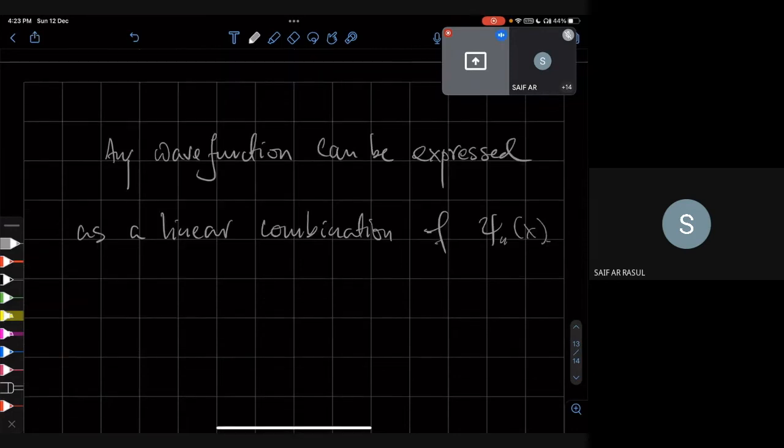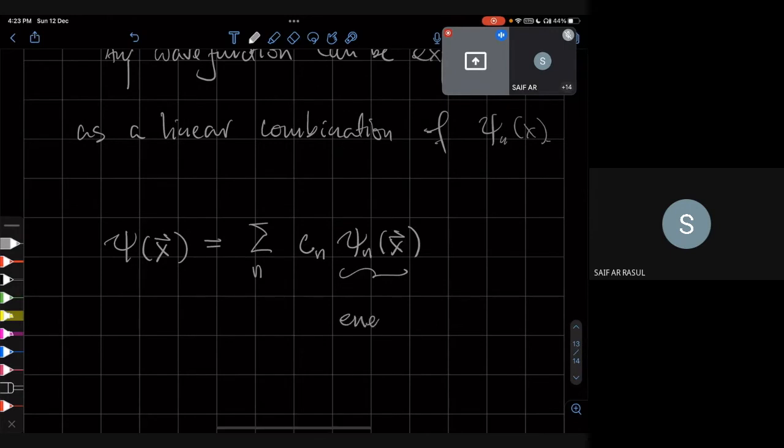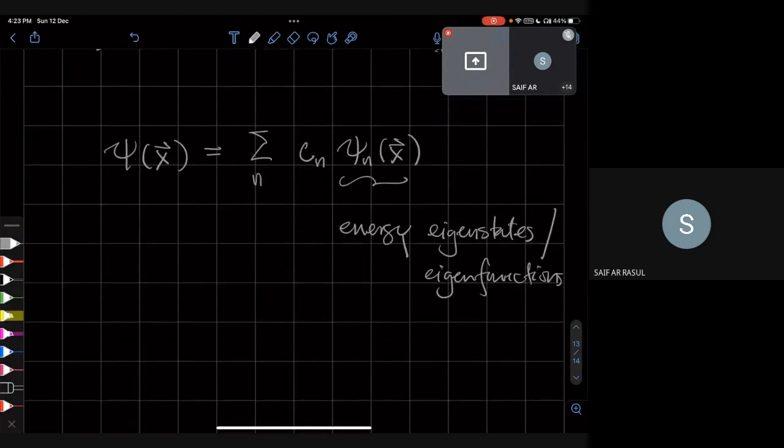So if I have some wave function psi at some given time, then we can always express this as a linear combination with some coefficients, which are complex numbers, times psi n of x. These are the energy eigenstates. Eigenstates, eigenfunctions, these are used interchangeably. So any wave function can be expressed in this way.